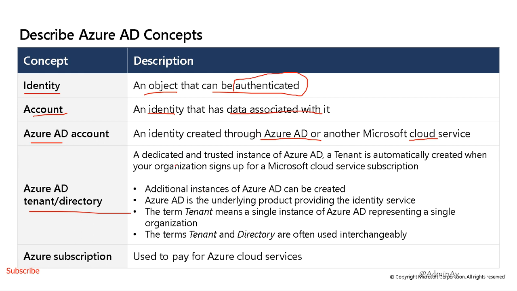That's a dedicated instance of Azure Active Directory. It's automatically created immediately your organization signs up for a cloud service subscription from Microsoft. We also have the Azure subscription, and this is, I'm sure, very familiar to a lot of us, and that is what we use to pay for the cloud services.